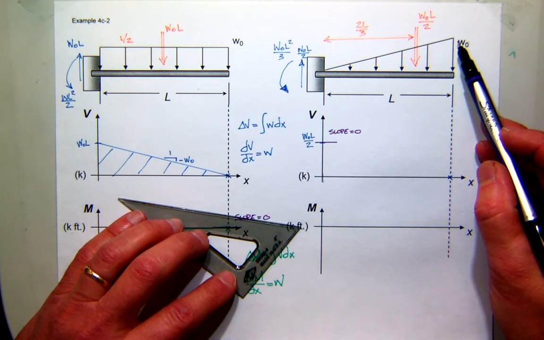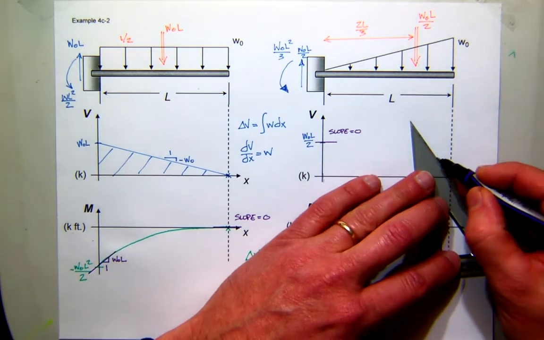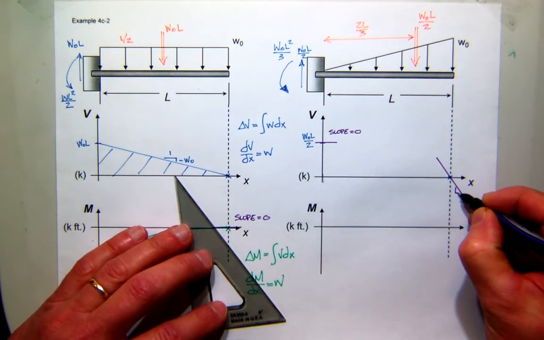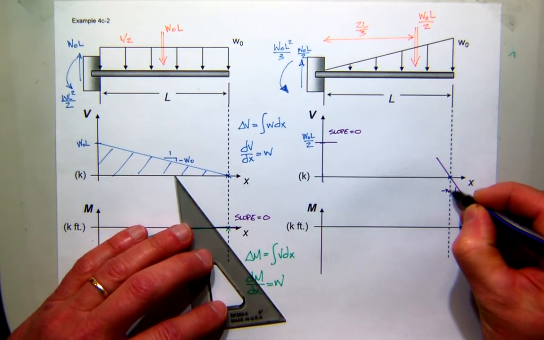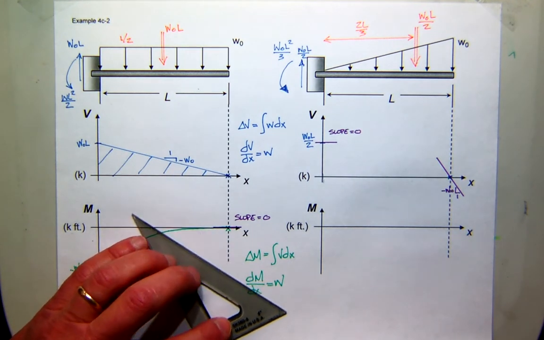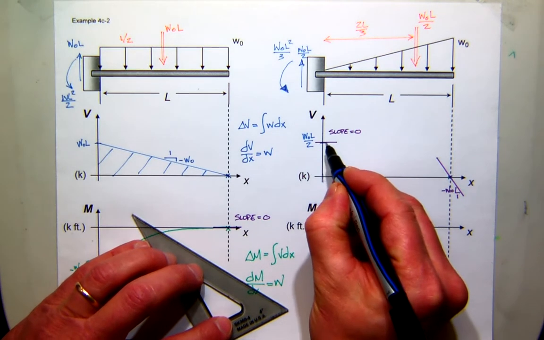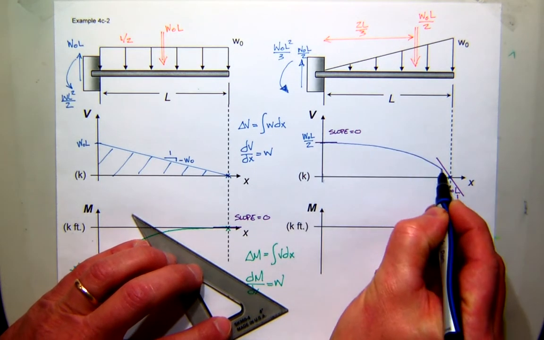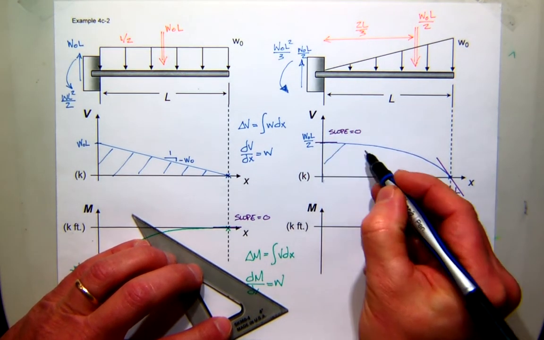And is that positive or negative? Negative. So that means I have a big negative slope of W naught. And all I have to do is kind of try to connect that. So there's my shear diagram.